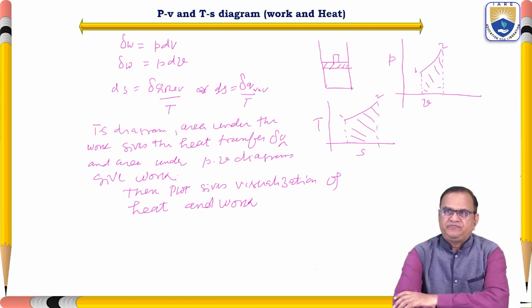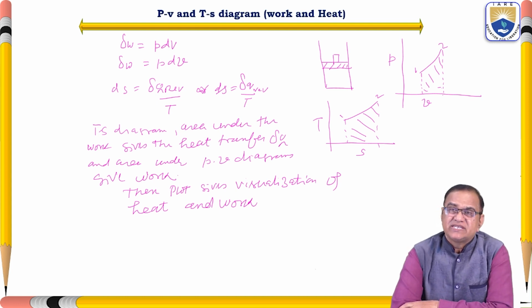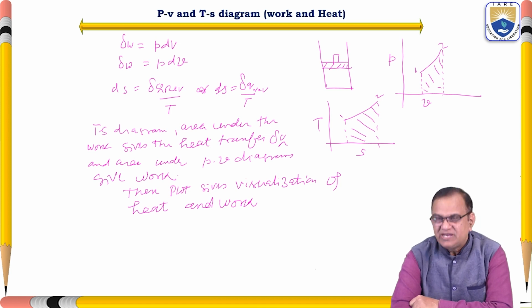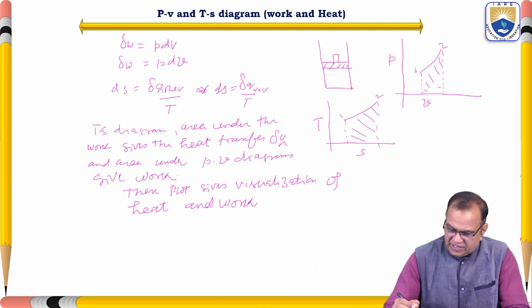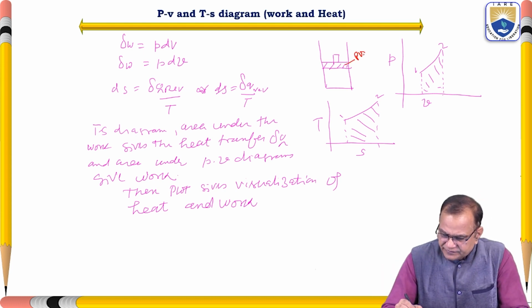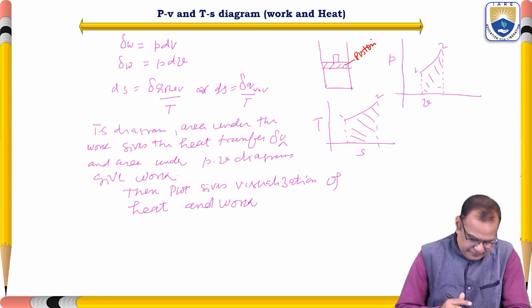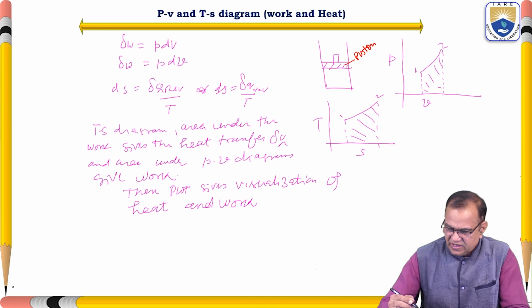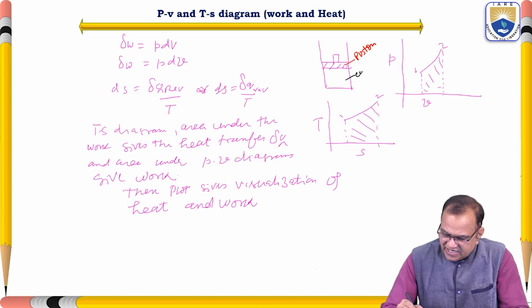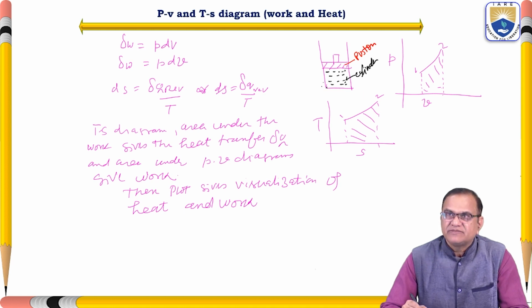Now I will discuss the PV and the TS diagram, and we have to find out the work and the heat of the system. So here, this is the piston and this is the cylinder. Here the gas is filled.